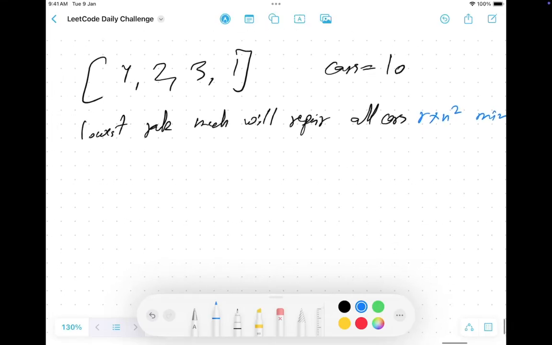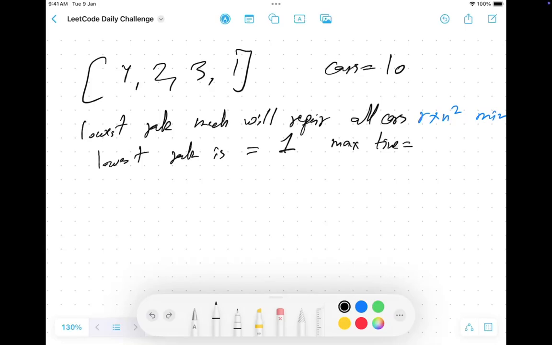Okay, so the lowest rank is 1, and this is the maximum time because the load is on only one mechanic.